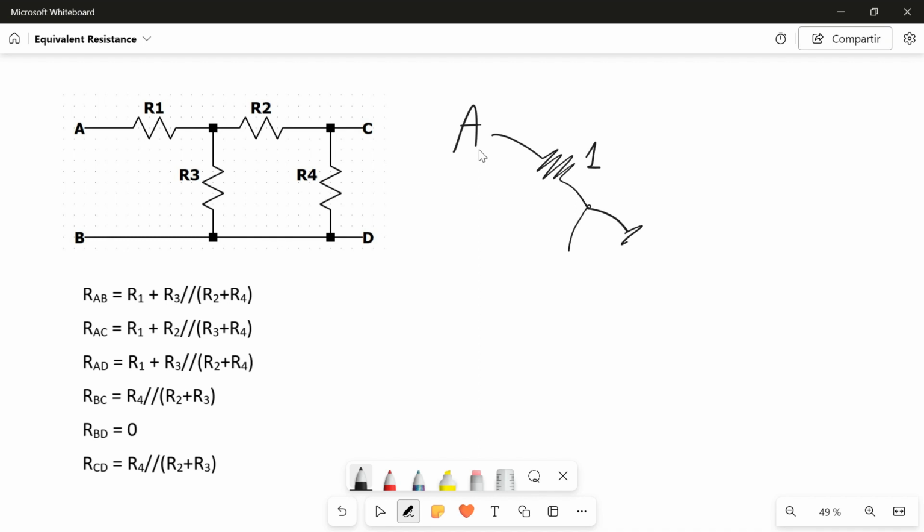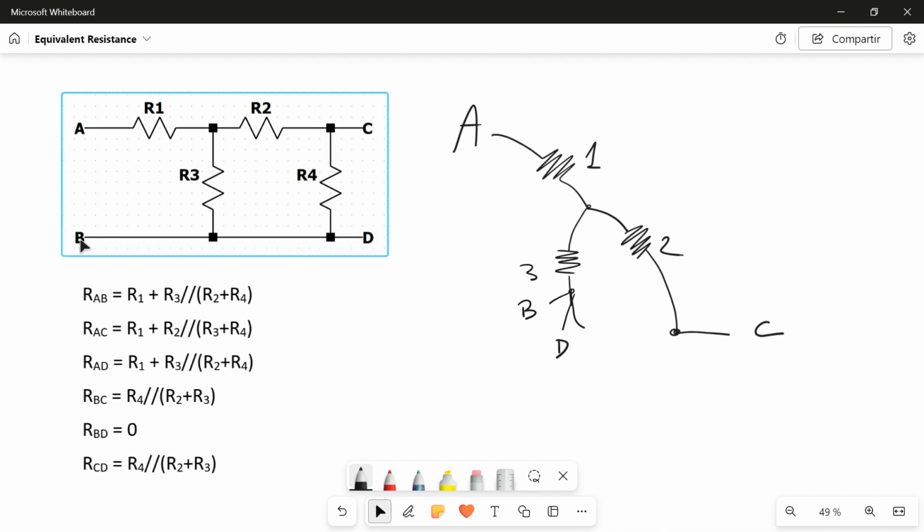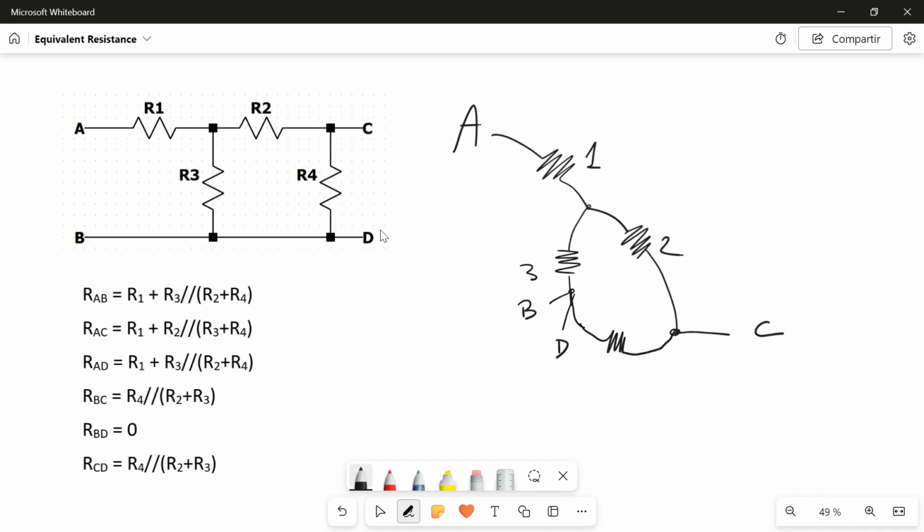In one branch I have R2, and then I have my terminal C. On the other side I have R3, also B, but I'm not interested in it. And then D, same contact. Basically, there is a cable between B and D. And then I will have R4 and then C.